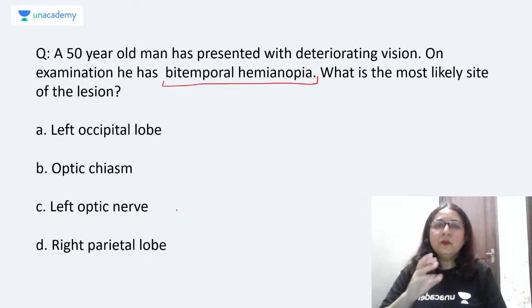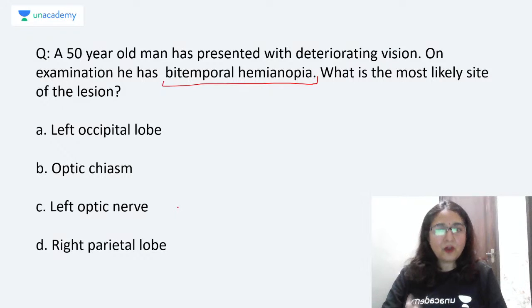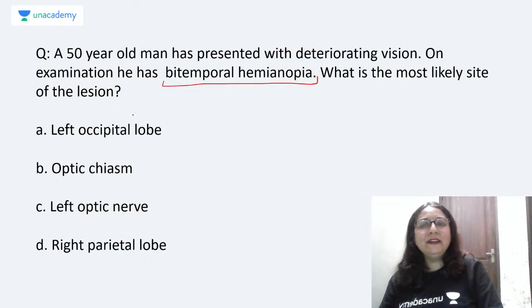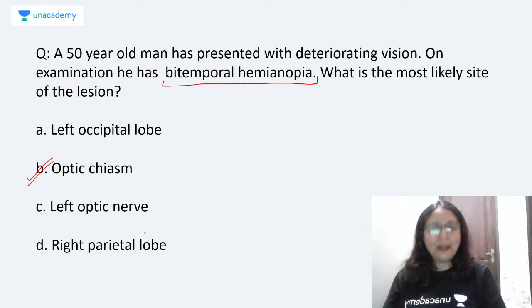Okay. Now, the word bitemporal is quite straightforward. We know bitemporal defects will be produced if the nasal fibers are damaged on both sides at the position of the optic chiasma. The optic chiasma is the place where nasal fibers are crossing, so this kind of field defect has to be produced by a lesion in the optic chiasma.